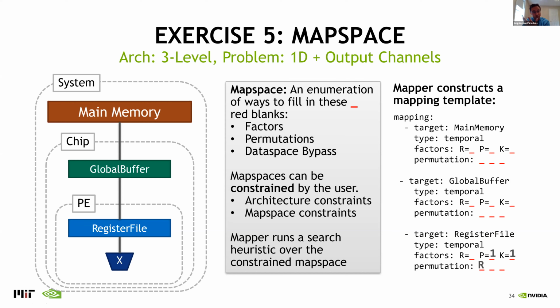Performance, energy of various levels. From the user's point of view, you can give the mapper a set of optimization criteria. Do you want it to optimize for performance, for energy delay product, maybe performance as the first order, but if 2 mappings have the same performance, then go for the optimal energy, and so on and so forth. There's a prioritized list of metrics you can give the mapper as optimization criteria.